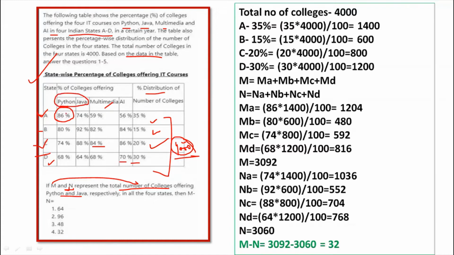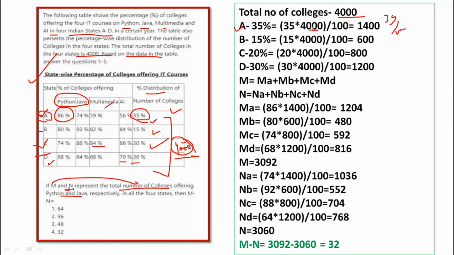So we are told that for state A, 86% of colleges are offering Python. So the total number of colleges in state A, we will have to find out from this distribution. We have the total number of colleges 4,000 as given in the question. From there, state A has 35% of colleges. So 35% of 4,000, that is 35 divided by 100 into 4,000.